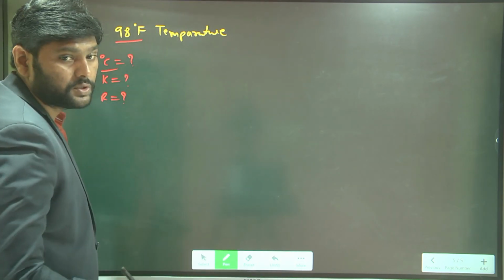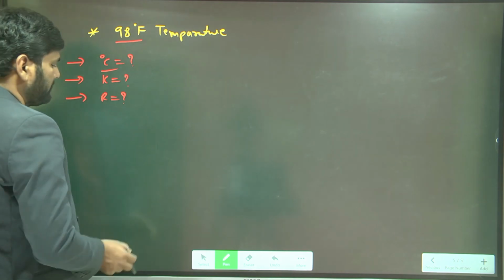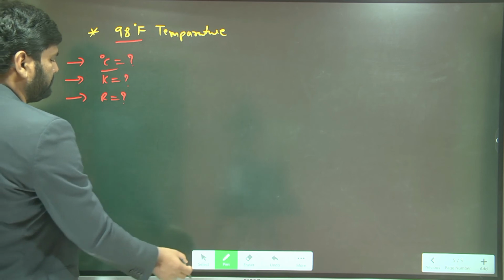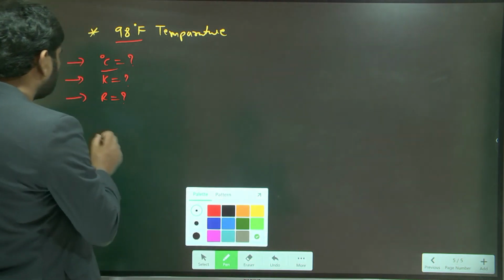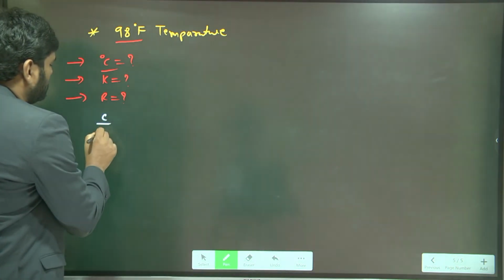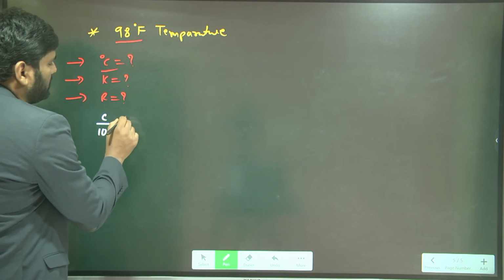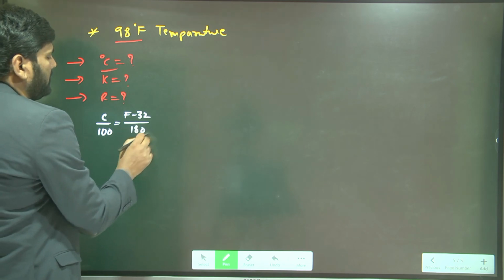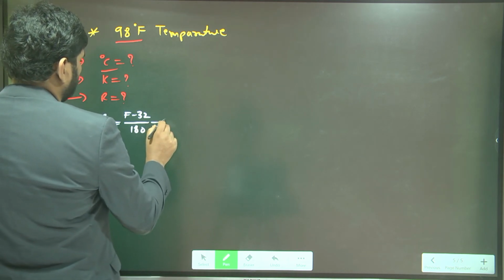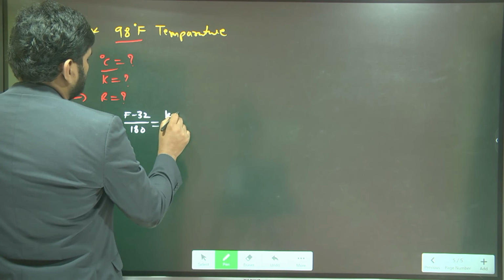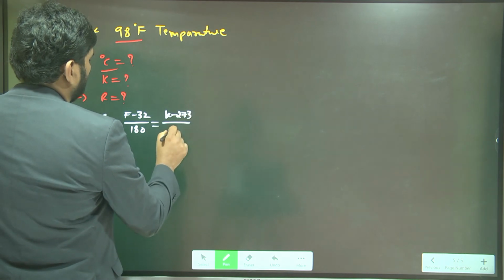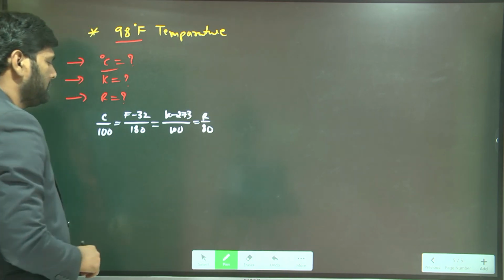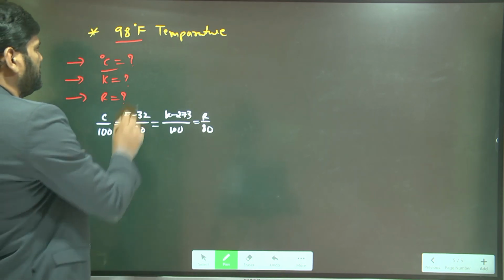Which formula will we use to find the answer? C by 100 is equal to F minus 32 by 180, is equal to K minus 273 by 100. Understand? This is in Fahrenheit.